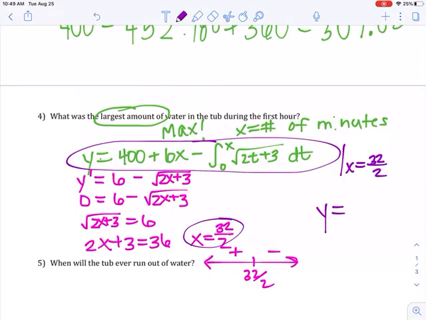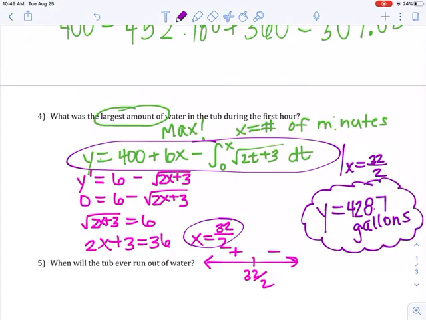So when we actually evaluate this at x equals 32 in your calculator, what do you get? You should get 428.7 gallons.